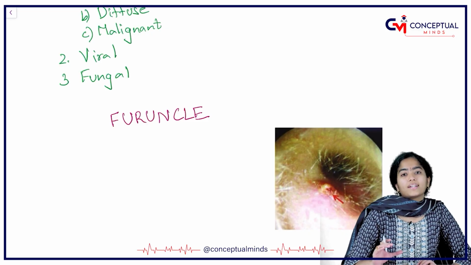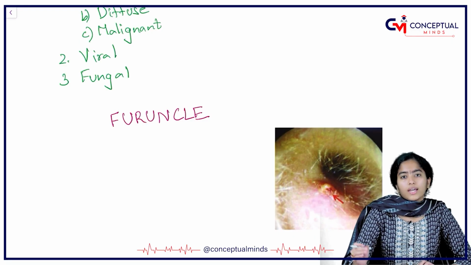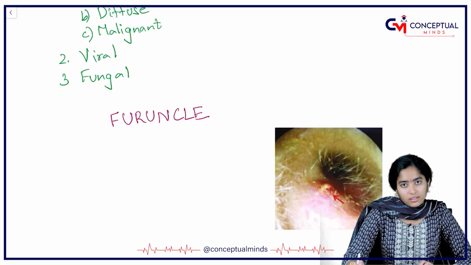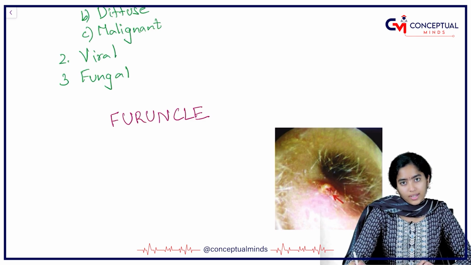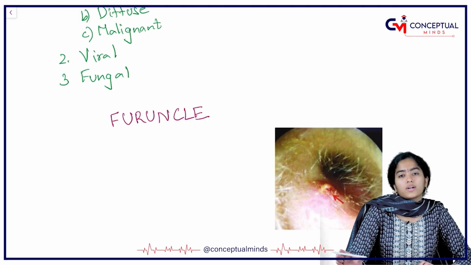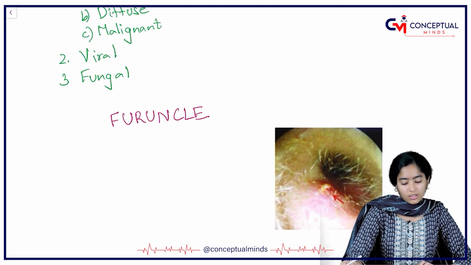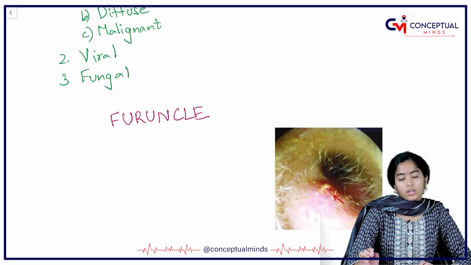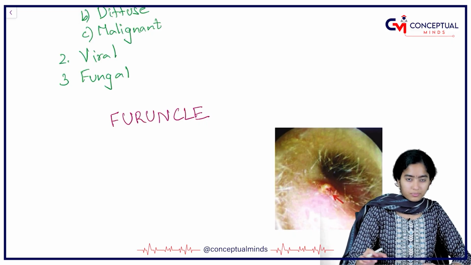Furuncle is a bacterial infection of the hair follicle in the external auditory canal. A small recap from the anatomy of external auditory canal. Hair follicles are present only in the outer 1/3, the cartilaginous part of external auditory canal. So furuncles are possible only in the outer 1/3 of external auditory canal.